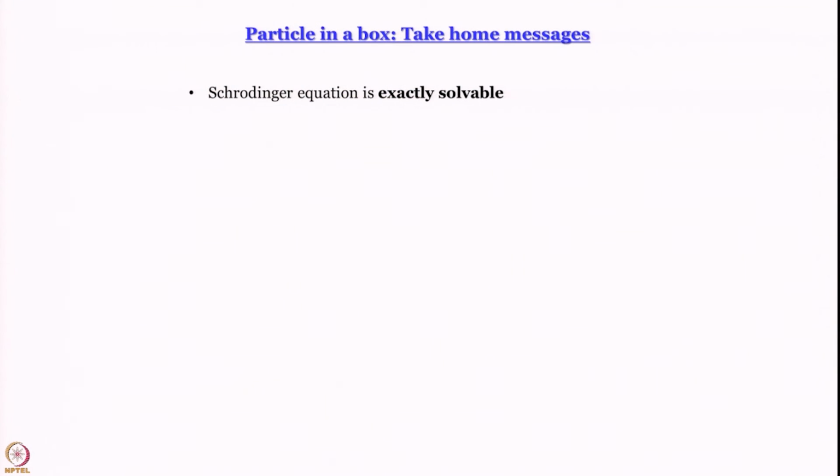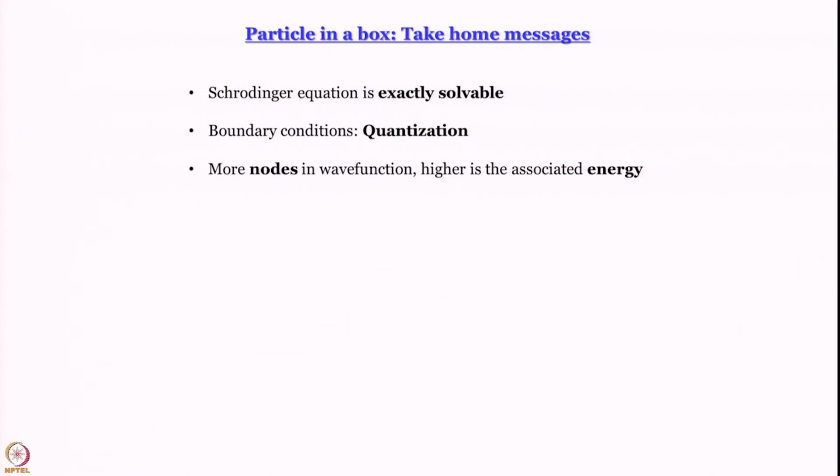First of all, we have demonstrated that the Schrodinger equation can be exactly solved for certain systems. Second, and this is one of the defining principles of quantum mechanics, it is boundary conditions that lead to quantization. Next, we have learned the thumb rule that if a wave function has more nodes, then it is associated with higher energy. We have got some idea about the eigenfunction of the linear momentum operator.